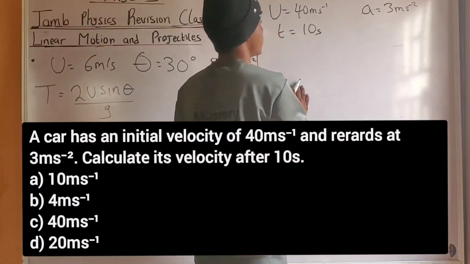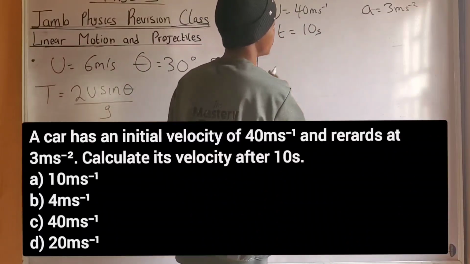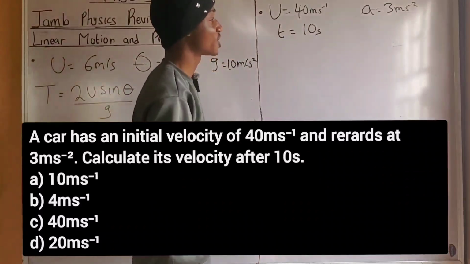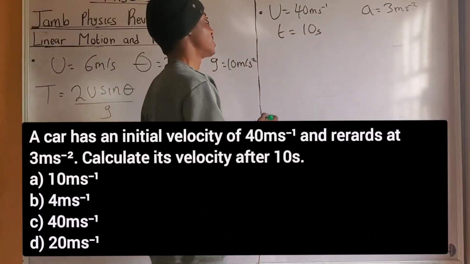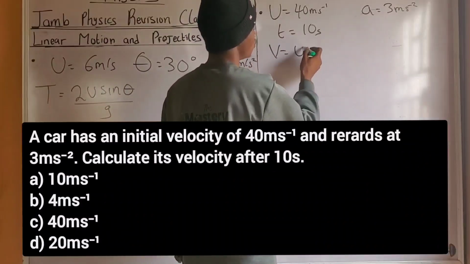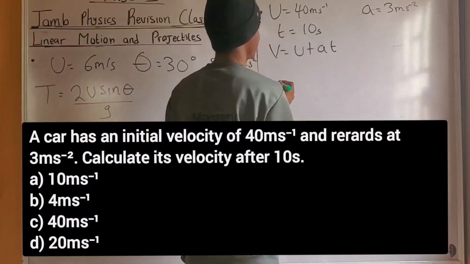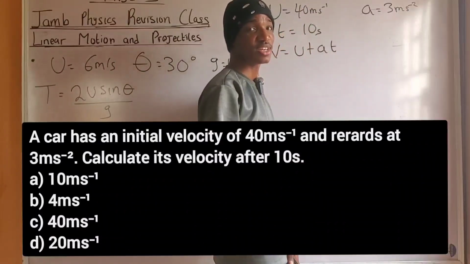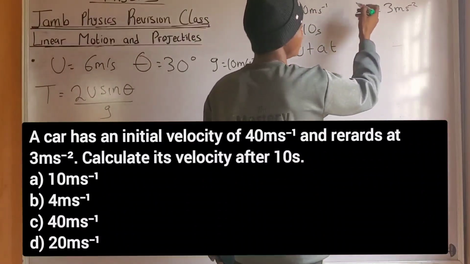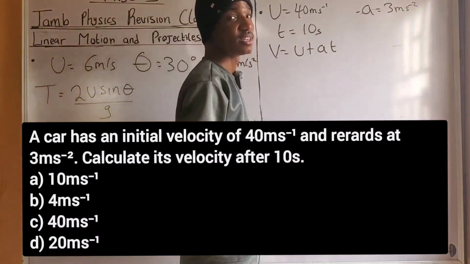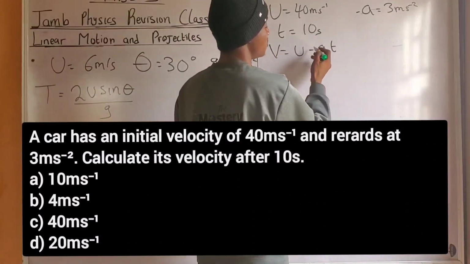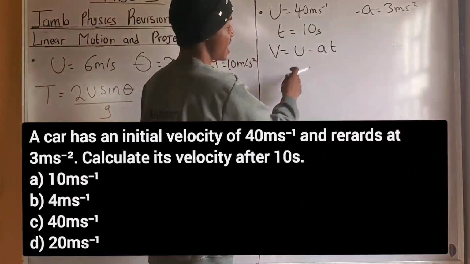Now, from the parameters that we are given, which of the equations of motion are we going to use? That is v equals u plus at. But because the acceleration is retardation, and retardation is negative acceleration, the value of a here will be negative.